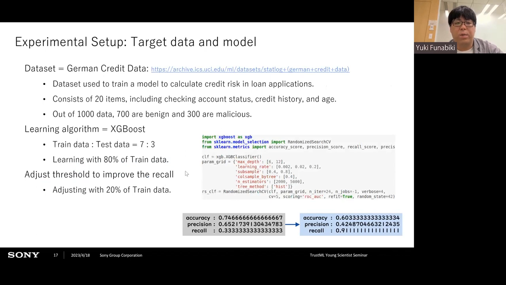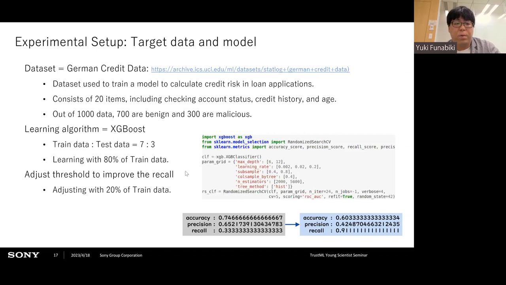It contains 20 columns, for example, checking account status, credit history, and age. The dataset has 1,000 records, with 700 benign transactions and 300 malicious transactions.